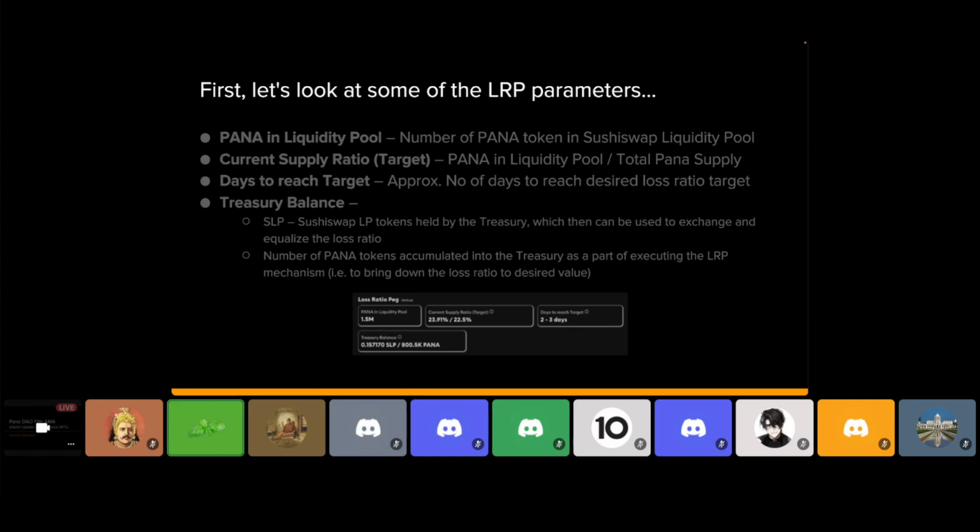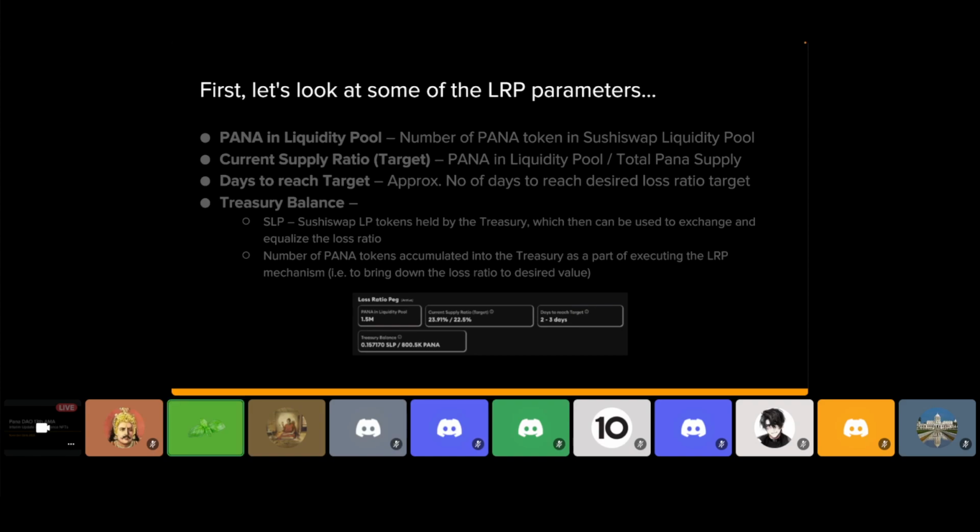It's just the number of PANA tokens in the SushiSwap liquidity pool. We have our LP pool created in SushiSwap, that is the USDC PANA LP pool. So the number of PANA in that pool is what we are depicting over here.